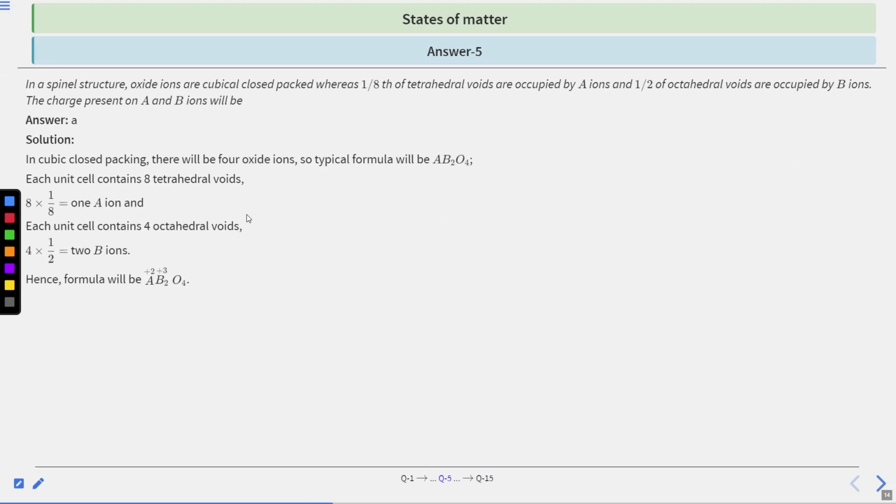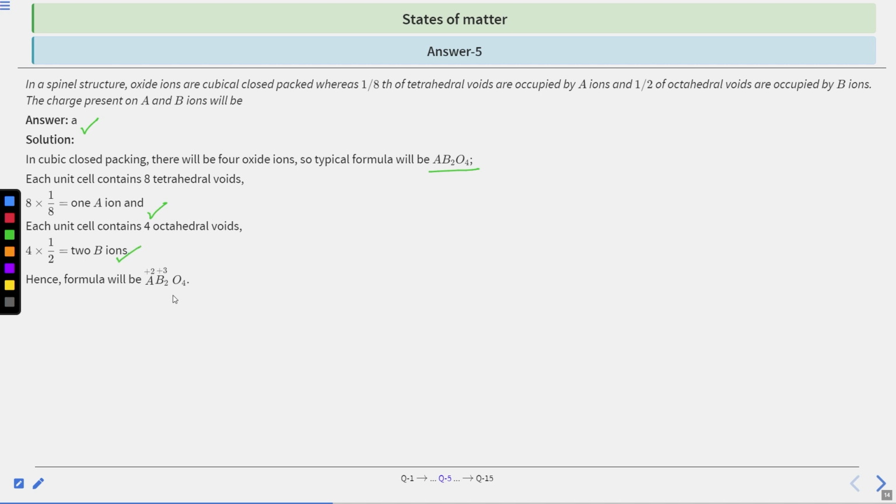Okay, so the correct answer is option number A. In cubic close packing, there will be 4 oxide ions, so the typical formula will be AB2O4. Each unit cell contains 8 tetrahedral voids, so 8 multiplied by 1/8 will be 1 A ion. And each unit cell contains 4 octahedral voids, that is 4 multiplied by 1/2 occupancy, so this will be 2 B ions.